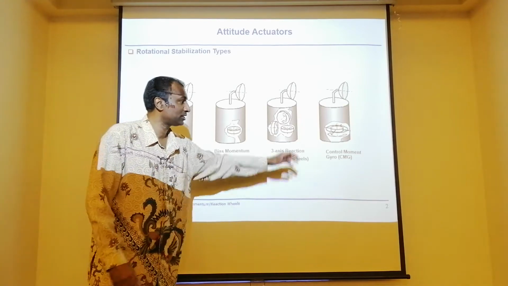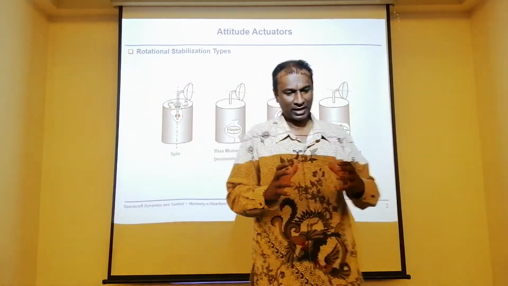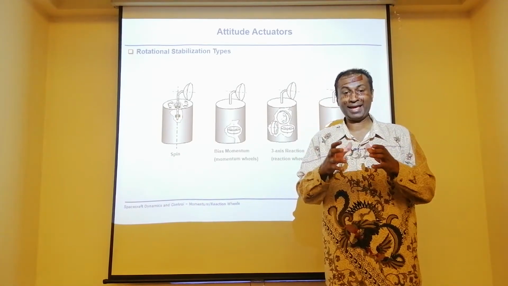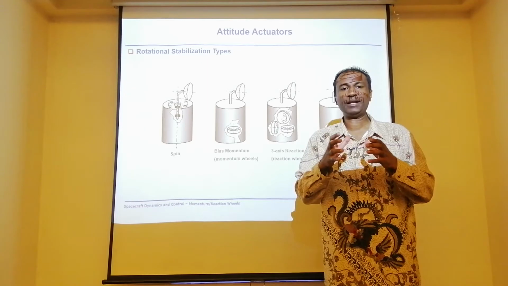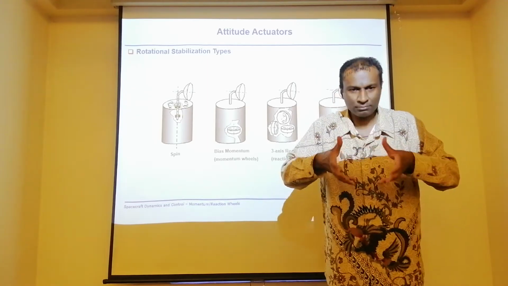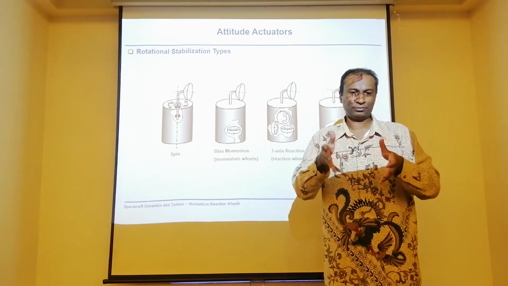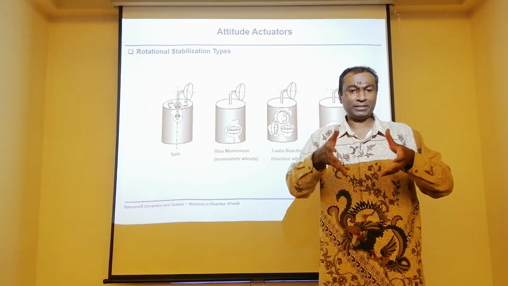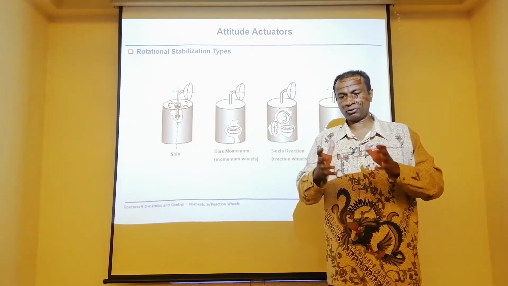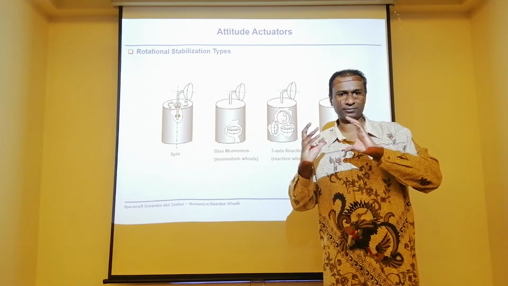So control moment gyro does that. Control moment gyro says that, okay, good, I have one fixed rotational direction and axis, but when I need torque in another axis, what I do, I tilt the wheel. When I tilt the wheel, the torque vector will change, and the torque vector is going to also change in a different direction.